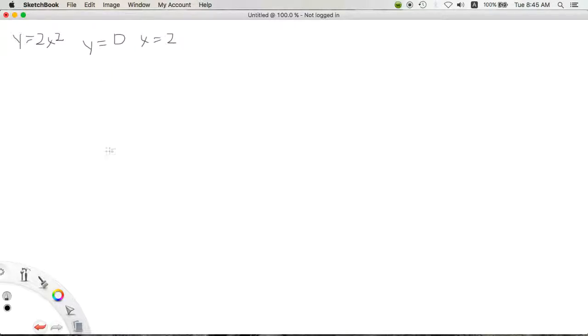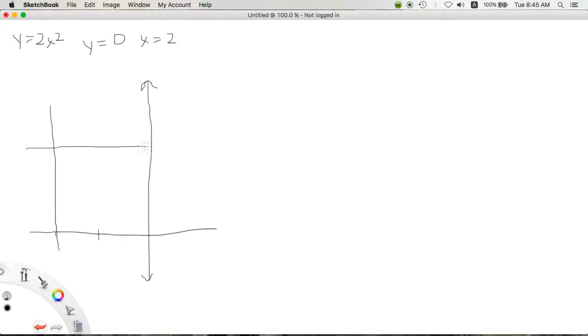Now, what if we take these same functions again? And this time we rotate it along the line y equals 8. So we're going to draw this down here. We've got x equals 2, and the line y equals 8 we'll put in right here. And we know that this goes like this, and this is our area.